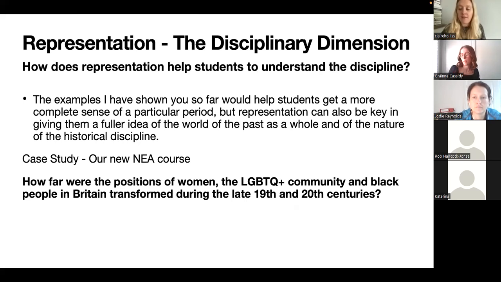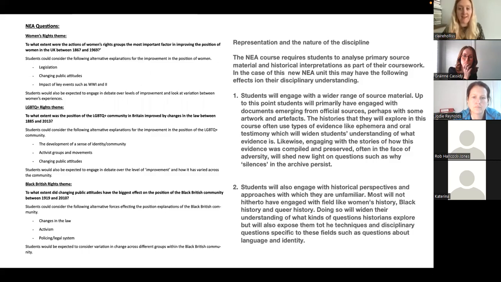And the other key thing that's linked to this question of the knowledge of the discipline relates to some other requirements of the NEA course. In their coursework essays, the students are required to analyse 3 primary sources.